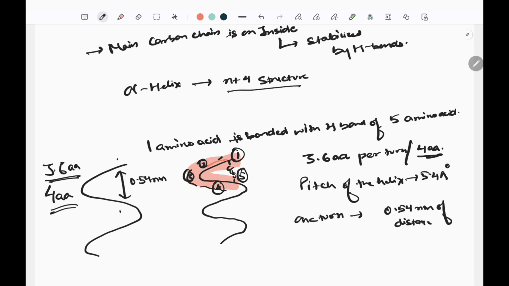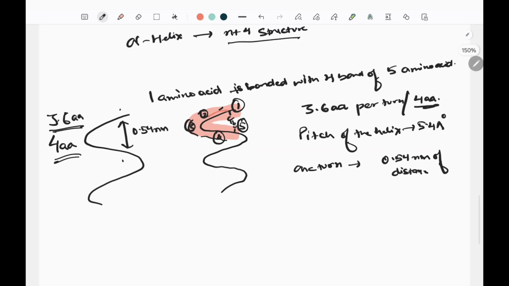Okay, this is important because sometimes a question may come. For example, if we have 30 amino acids, how many turns would be possible for the alpha helix?